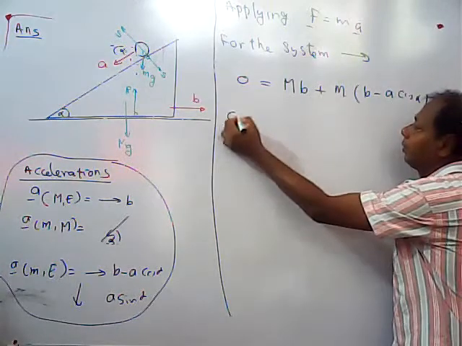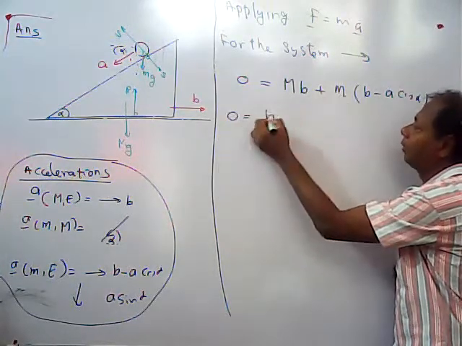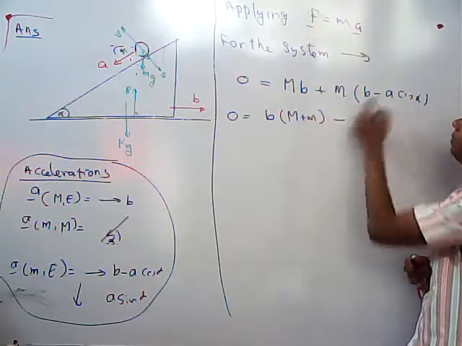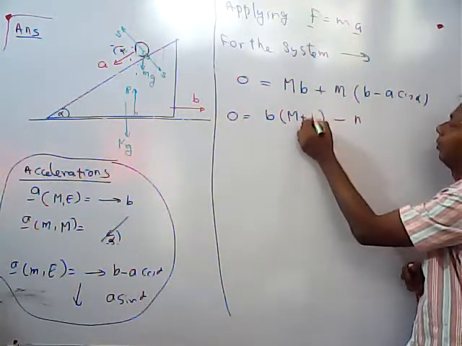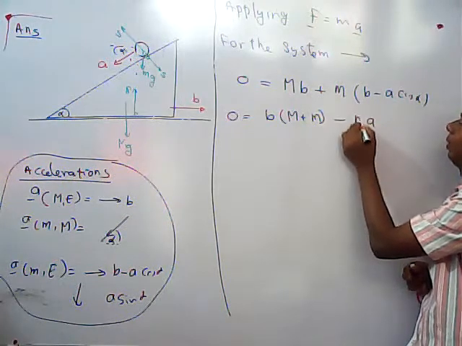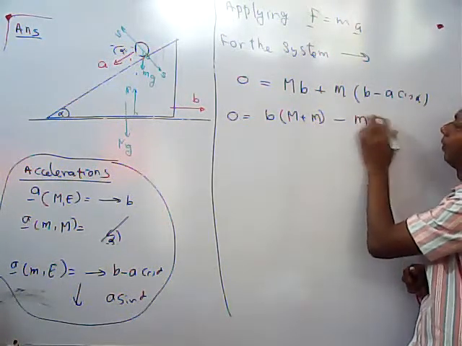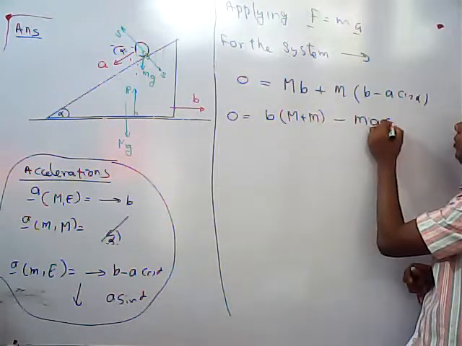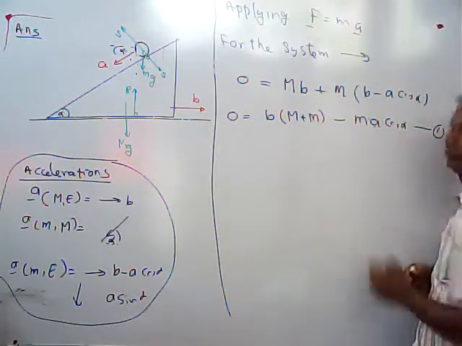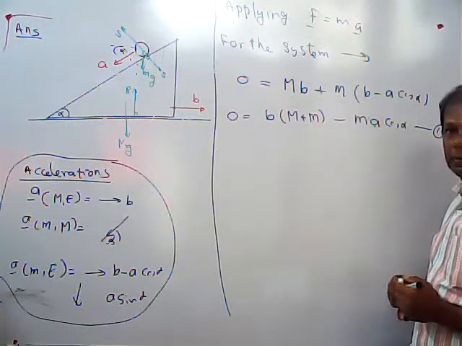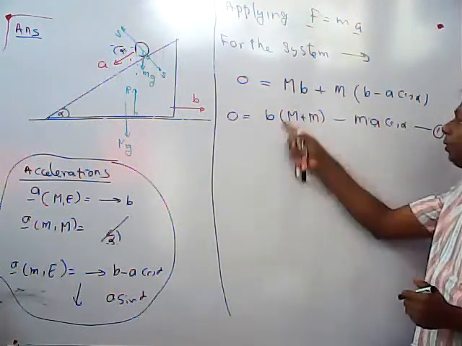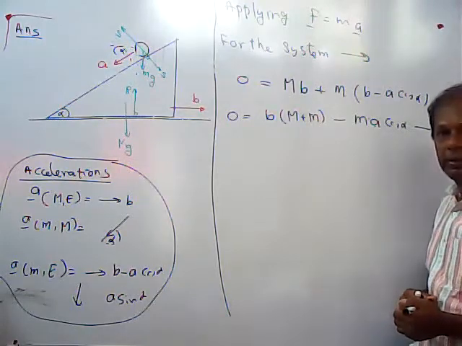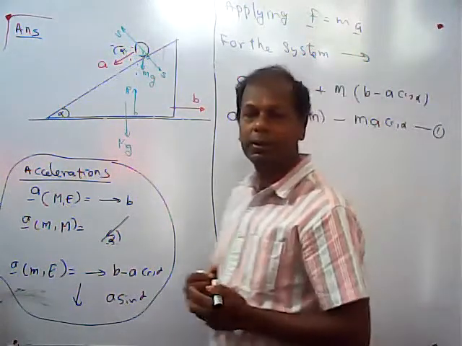So I'll write 0 equals, taking b out, (m plus m) b minus m a cos alpha. Equation number 1. We have two unknowns and one equation, so definitely we need another. So how to get another? Sachin?